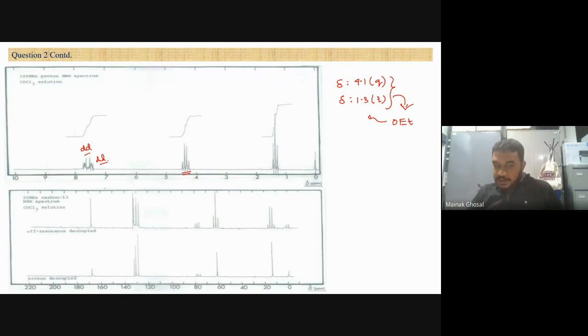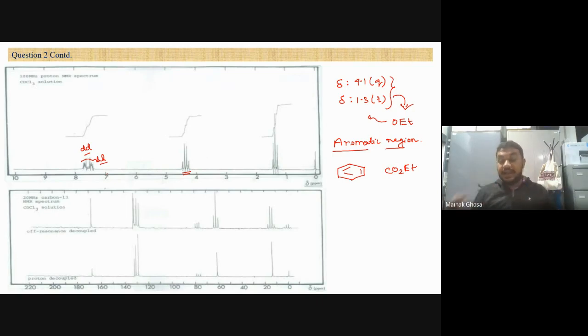I also have some peaks in the range 7 to 8, which clearly indicates the aromatic region. So I have some aromatic compound and a CO2Et group. This much information I have obtained till now.